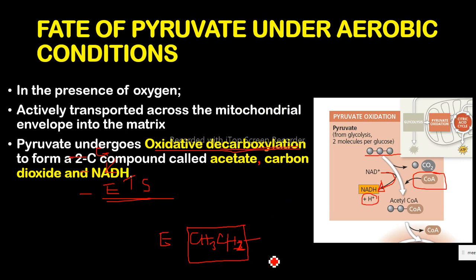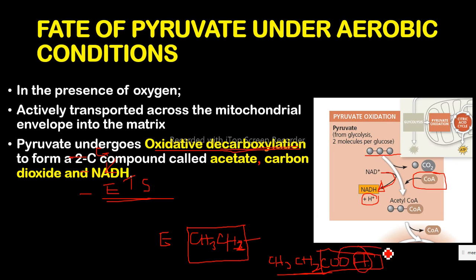Pyruvic acid, I think it is CH3, C, CH2, C. I think it is this. You can Google and confirm. So you remove a carboxyl group, and at the same time, you lose these hydrogen ions together with the electrons.